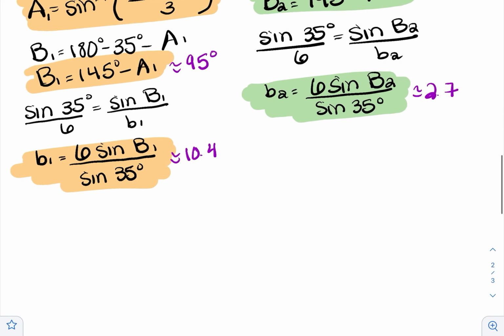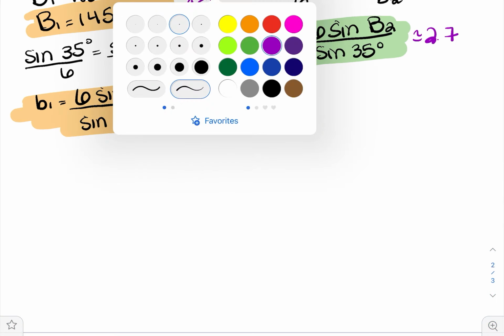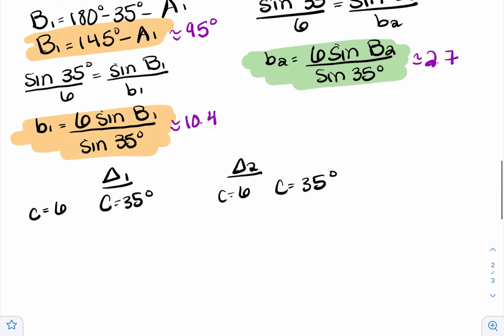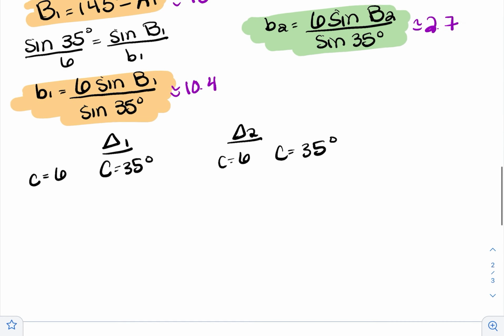So if I was to write that down here, I have triangle 1, triangle 2. So in both of them, we had little c is equal to 6. Big C was 35. And then we had little a was 8. So what changes is the other values, right?